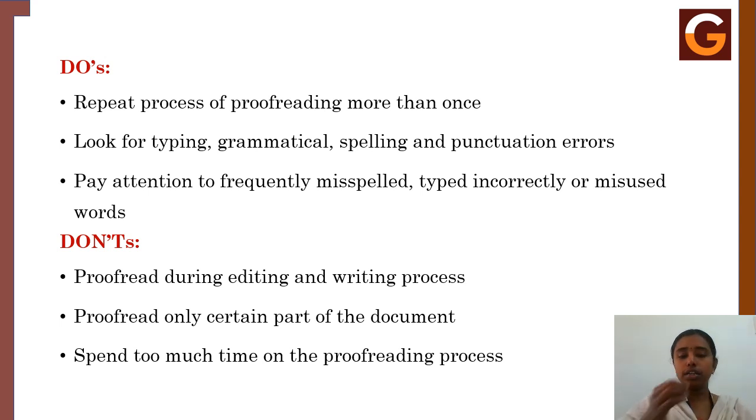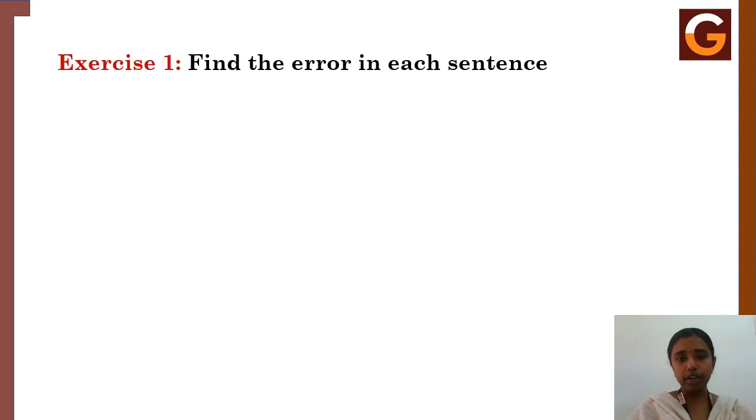The process of proofreading should involve the text from the beginning to the end, the first word till the last word. So that's how proofreading should be done. So these are the few do's and don'ts involved in the process of proofreading.